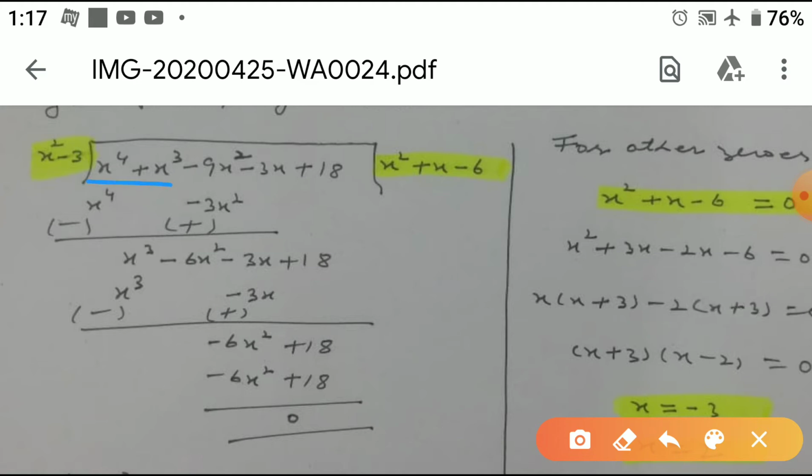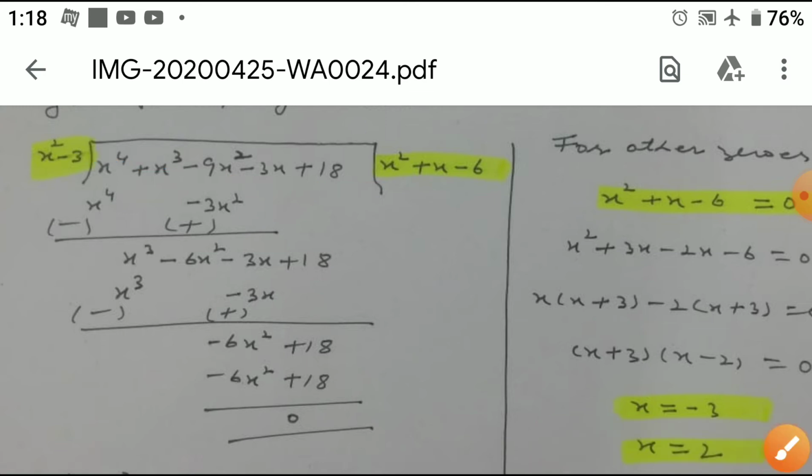This is x⁴ + x³ - 9x² - 3x + 18, divided by x² - 3. The first term is x⁴. To get x⁴ here, we need to multiply x² with x². So when you multiply x² with x², we get x⁴. When you multiply this x² with 3, we get -3x².